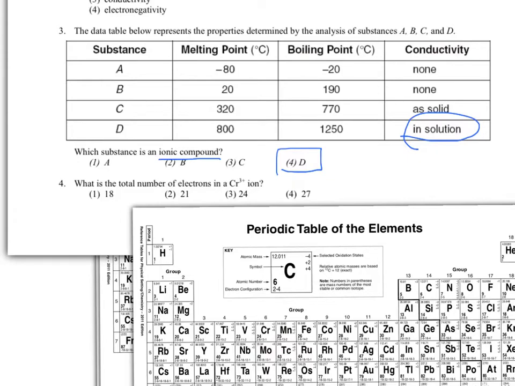Recall, though, from our atomic structure unit, that the charge of an ion is equal to the protons, the positives, minus the electrons. So here, if I have a charge of +3, then that is equal to the protons 24 minus the electrons. In this case, there must be 21 total electrons to solve this algebraic problem.